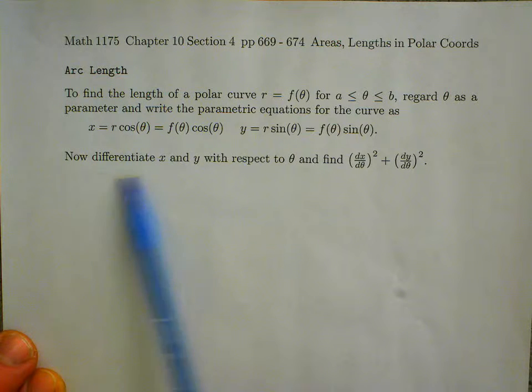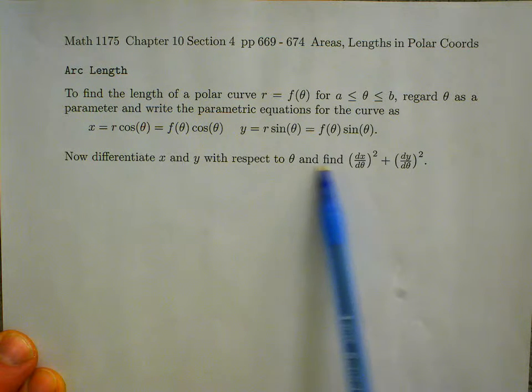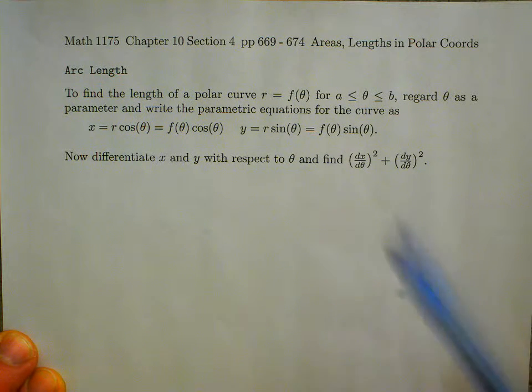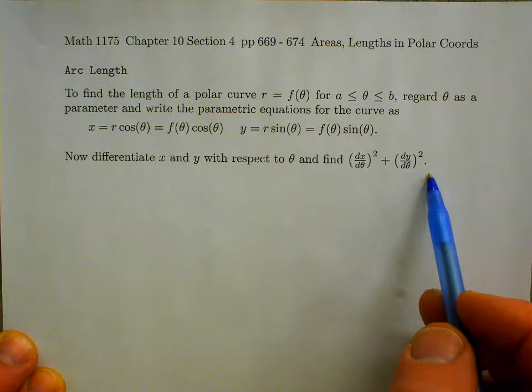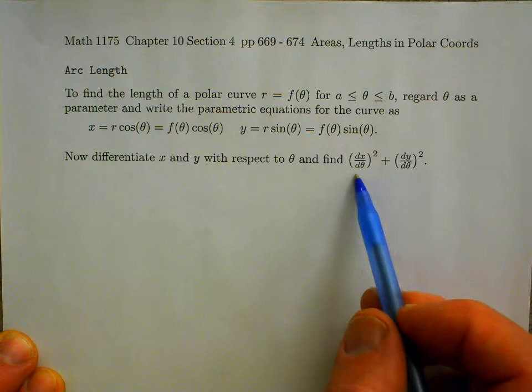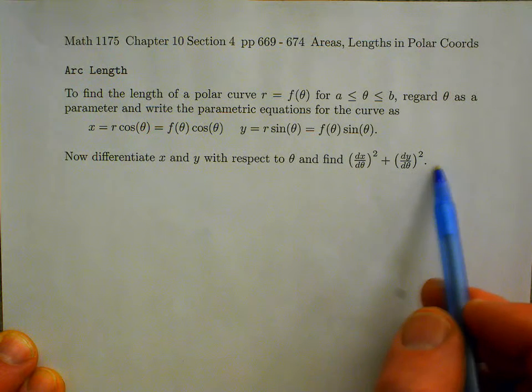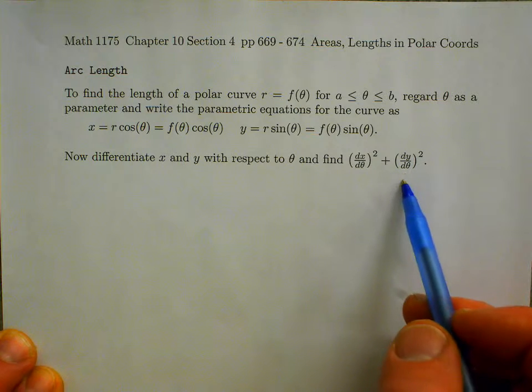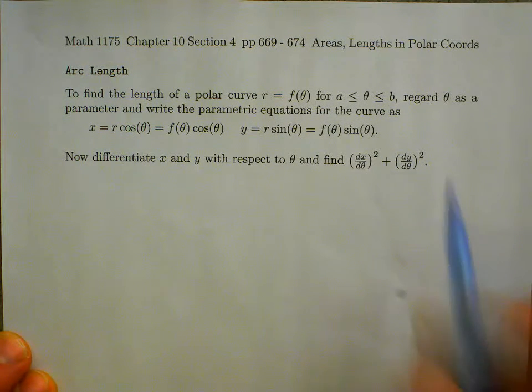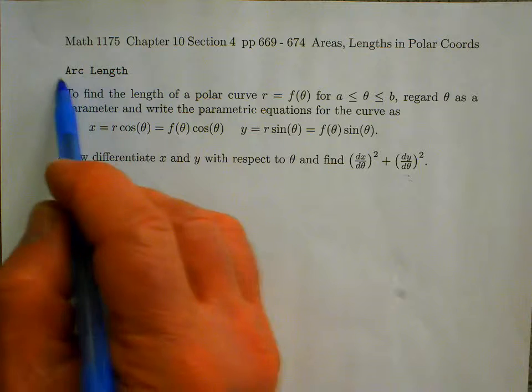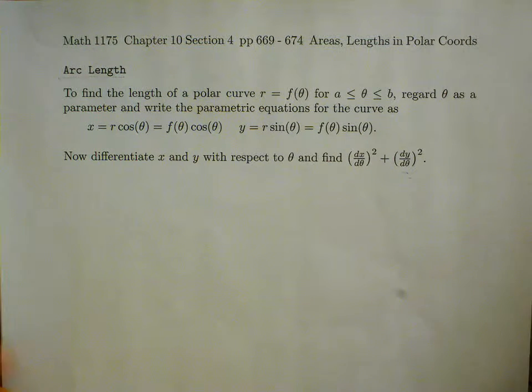Now we differentiate x and y with respect to theta so that we can find the square of the derivative of x with respect to theta plus the square of the derivative of y with respect to theta. So why is that going to be of interest when we're interested in arc length? Well, you'll see soon enough.